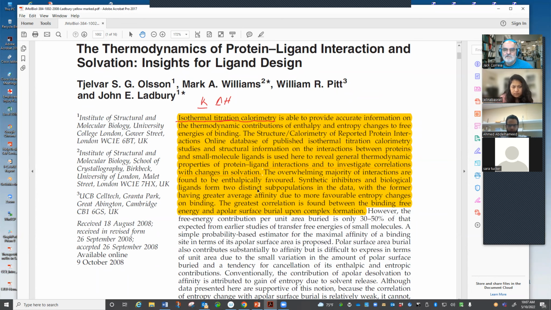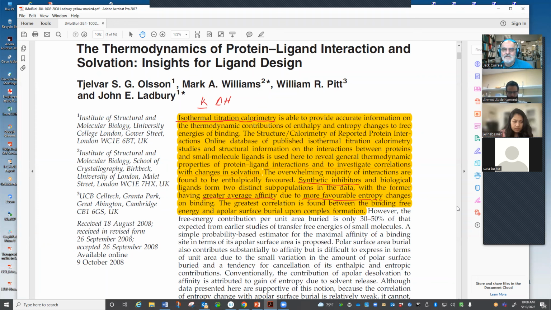You get distinct subpopulations. And the synthetic inhibitors, the former, have greater average affinity and more favorable entropy changes upon binding. So that's an observation. The former synthetic inhibitors have greater average affinity because they're making drugs that bind tighter, and more favorable entropy.